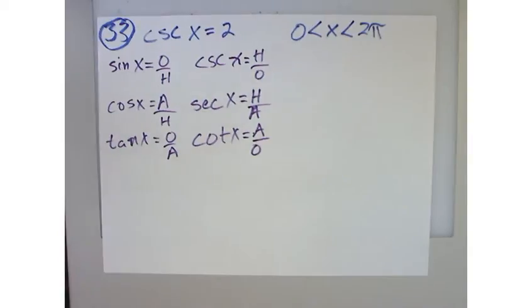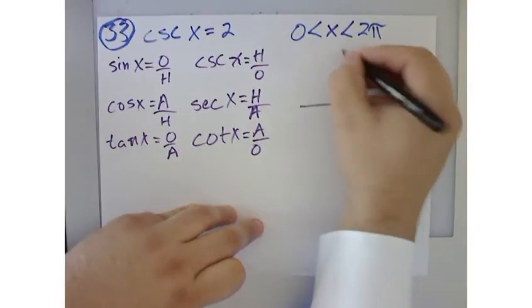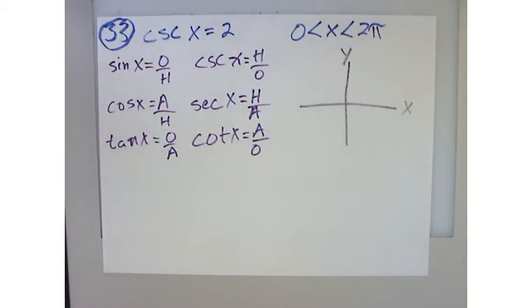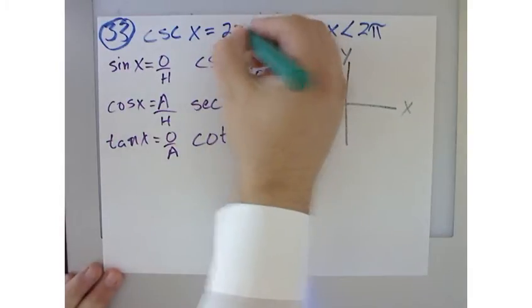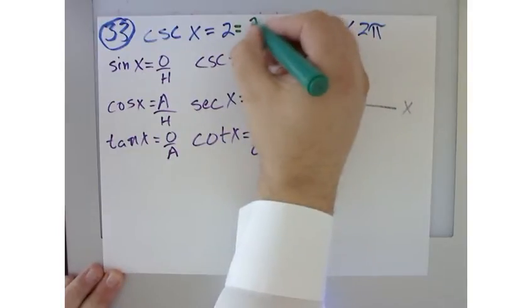All right. So this is what we need to know. Now, this is if we consider the xy plane. What we're looking at is really 2 over 1.